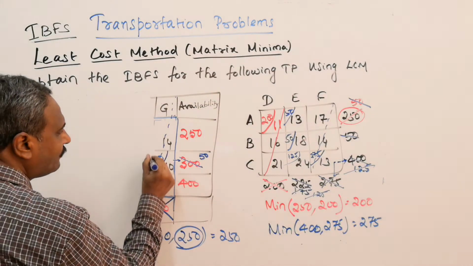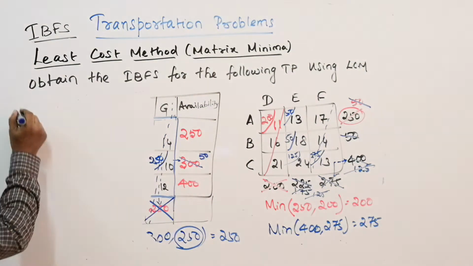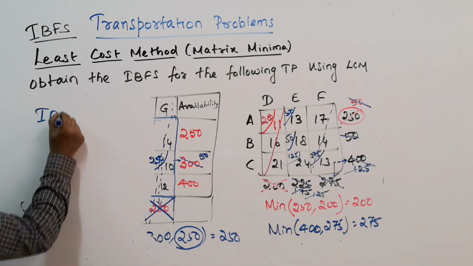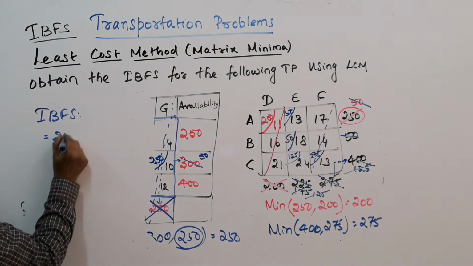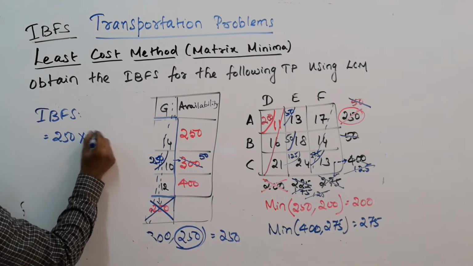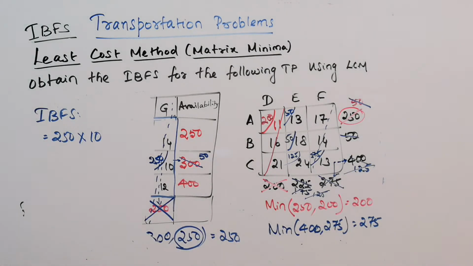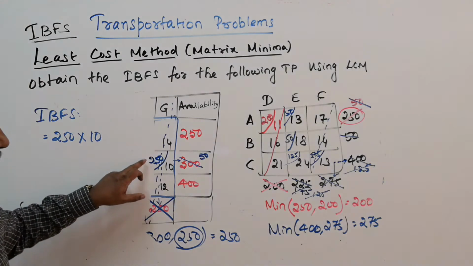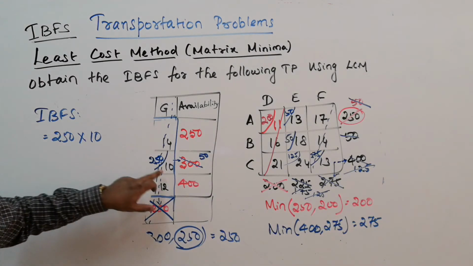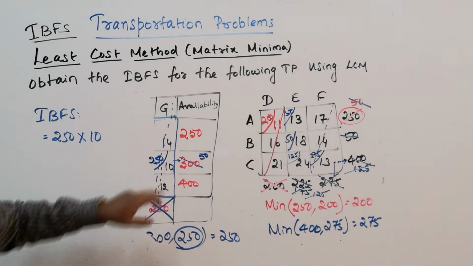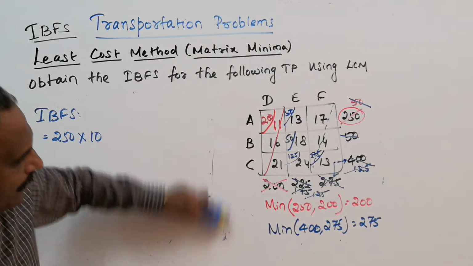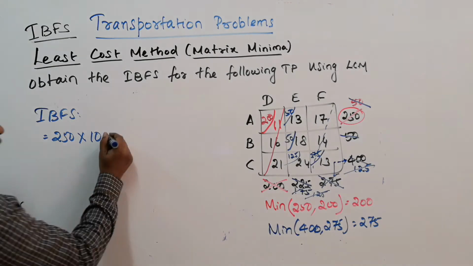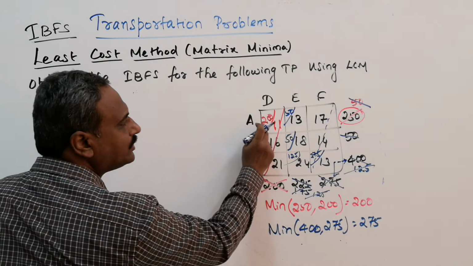We take this from each table. When I take the first one, we are allocating 250 quantities at the cost of 10 reals. I am moving on to the next table. What is the next value here?